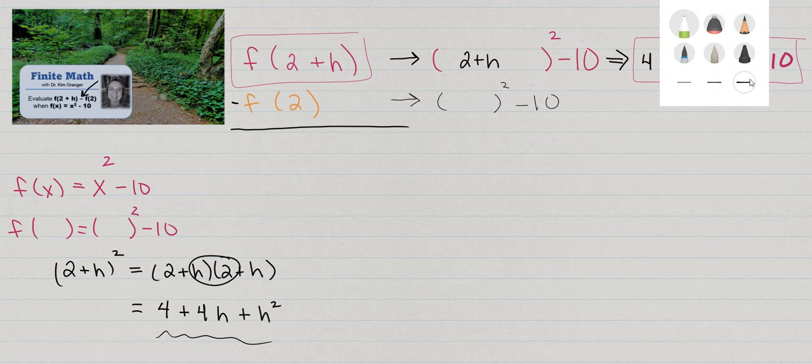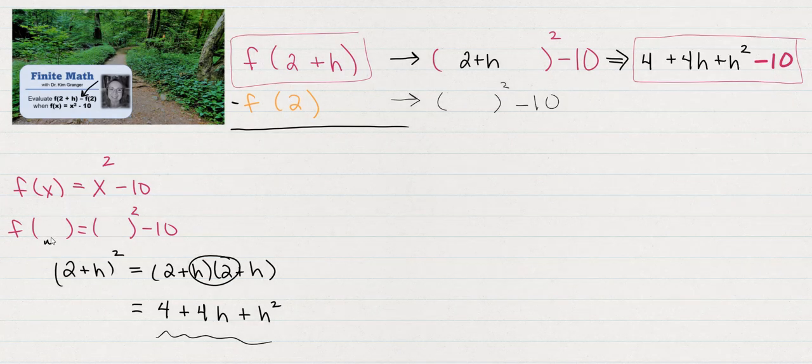And in this case, the something that we're filling in with is the 2, right? So we have 2 squared minus 10. So that's going to be 4 minus 10. I'm going to write it not as a negative 6, but I'm going to write the 4 under the 4 and the minus 10 under the minus 10, because we have 2 squared is 4 minus 10.